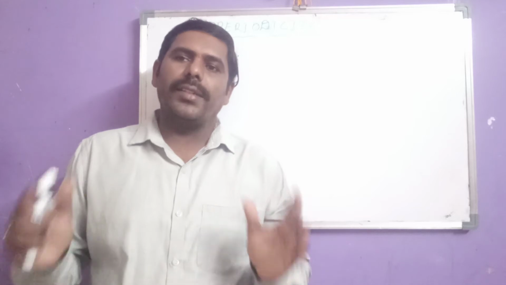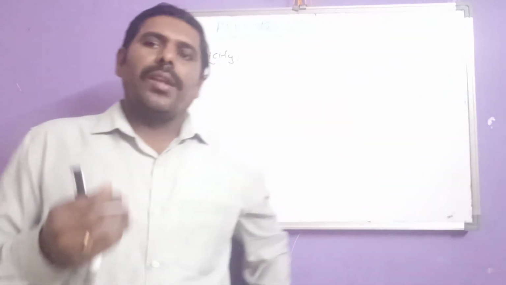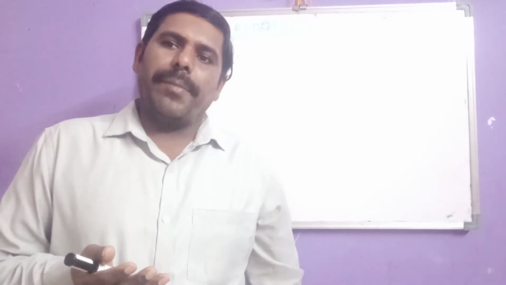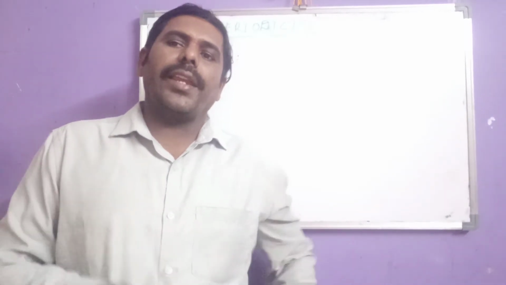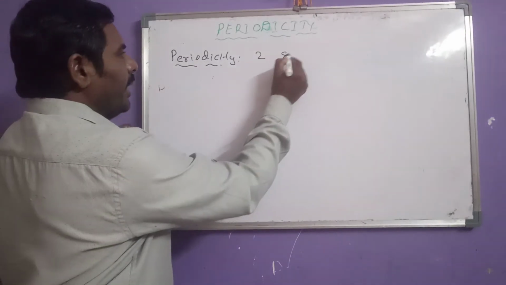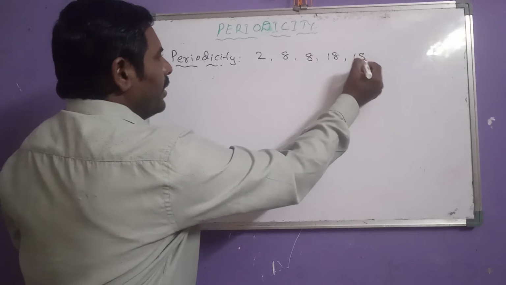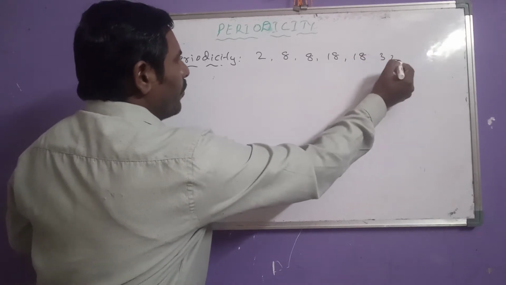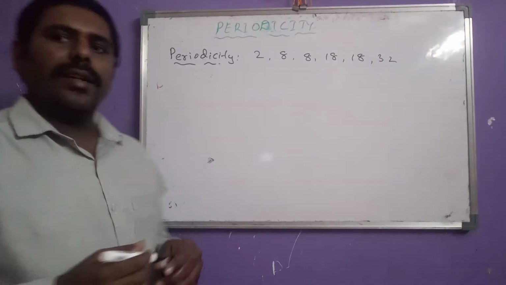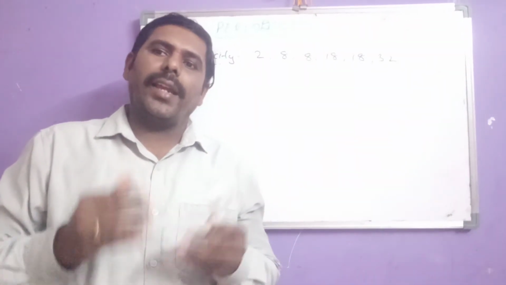So the repetition of properties at certain regular intervals is known as a periodic property, and the trend is known as periodicity. So now here in the periodic table, properties of elements repeat at regular intervals of 2, 8, 8, 18, 18 and 32. So at these regular intervals, the same property repeats again and again.